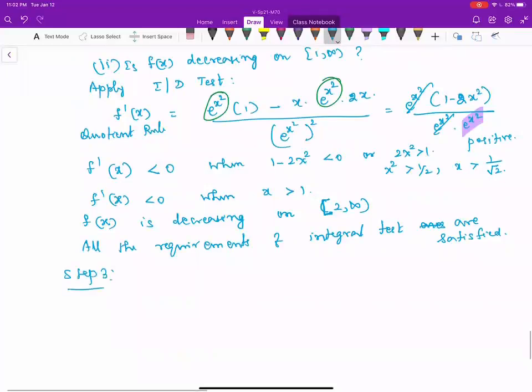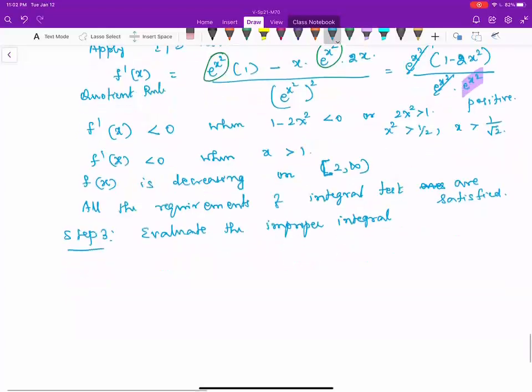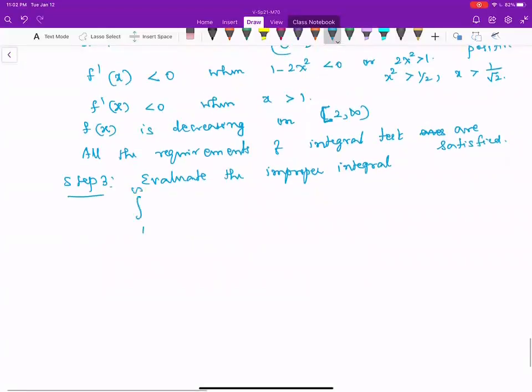That will be our next step. Evaluate the improper integral, integral 1 through infinity f of x dx. This is integral 1 through infinity x e to the negative x square dx.